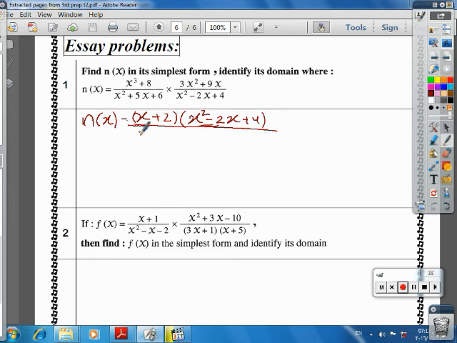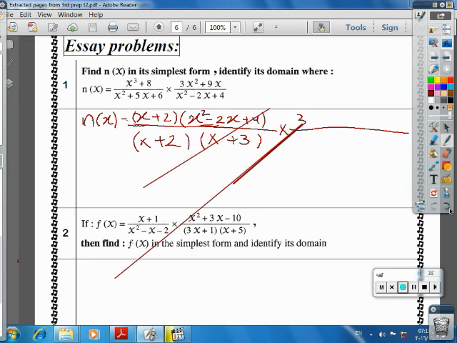Okay, over, factorize x power 2 plus 5x plus 6 in the form of (x plus 2)(x plus 3), times, in the numerator in the second fraction, wait a second, we take 3x as HCF times (x plus 3) over x power 2 minus 2x plus 4.